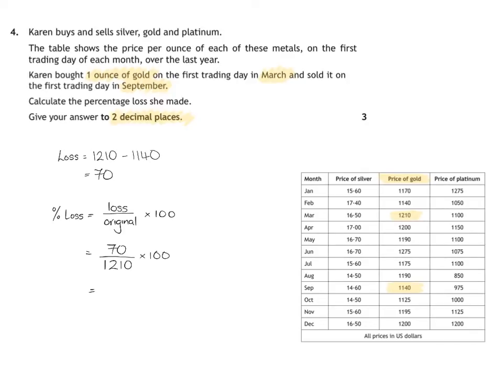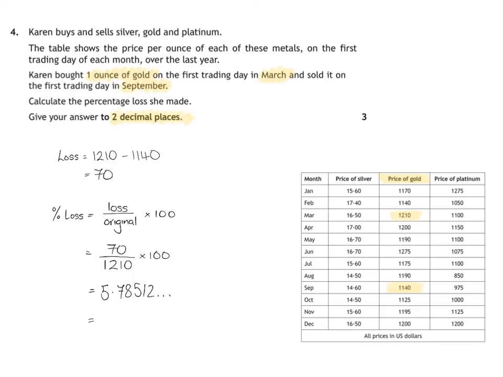So again, putting that into our calculator, we have 5.78512 and some extra. So it says 2 decimal places, so we can do that without rounding first, and then 2 decimal places.